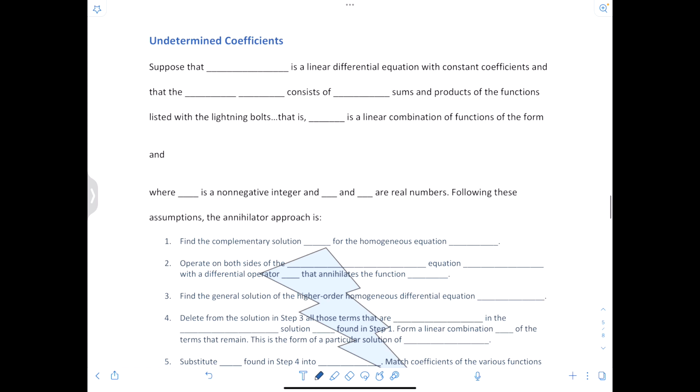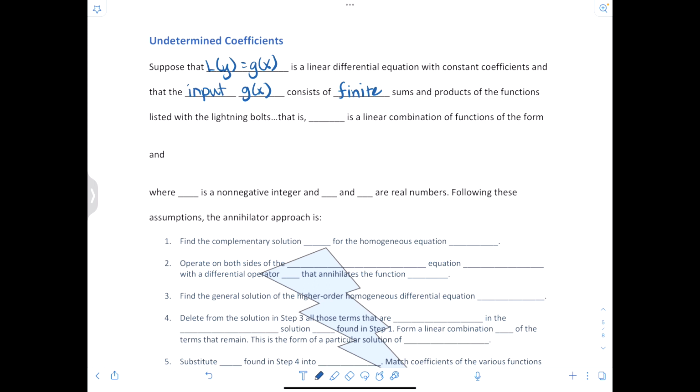This was all kind of a preparation for this. Suppose that L at y equal to g at x is a linear differential equation with constant coefficients, and that the input g at x consists of finite sums and products of the functions listed with the lightning bolts.